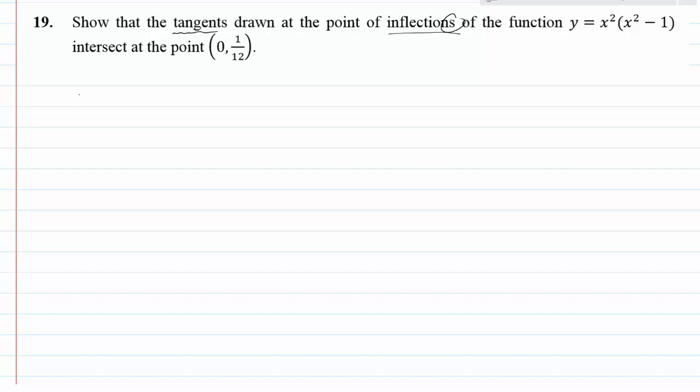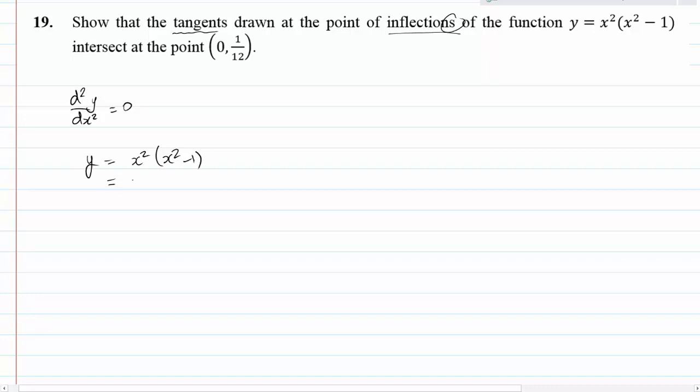But points of inflection occur when d squared y dx squared is equal to 0. So we're looking for the turning point of the gradient function. Therefore we're looking for when the second derivative is equal to 0. So let's find the second derivative. y is equal to x squared minus 1, squared.